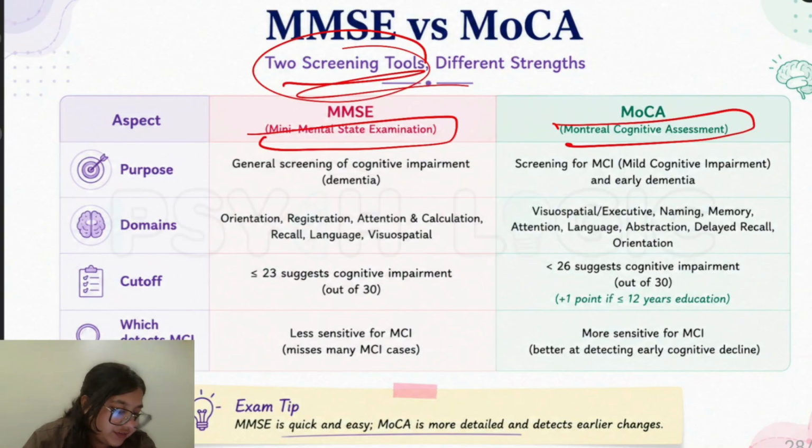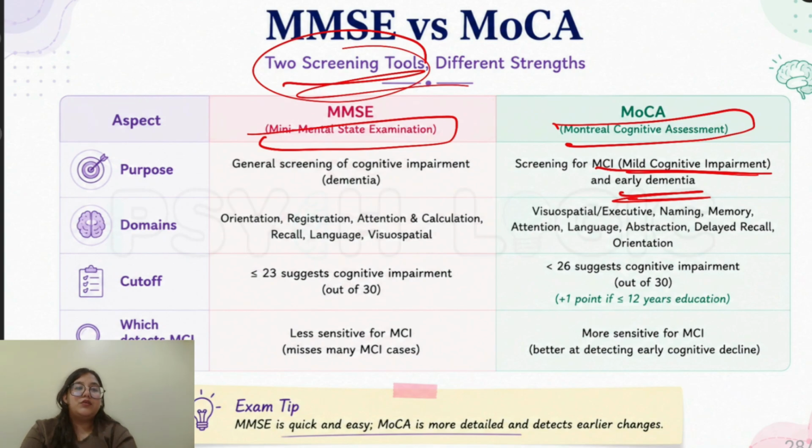That is why MoCA is particularly helpful in detecting mild cognitive impairment, MCI, and early dementia.